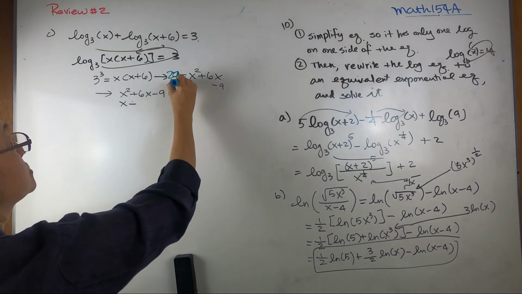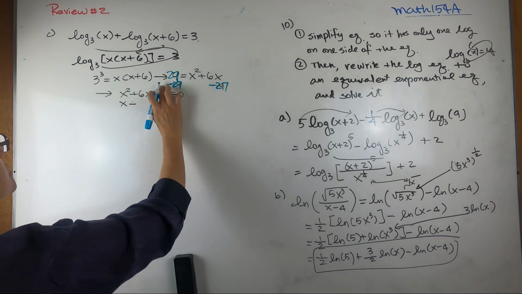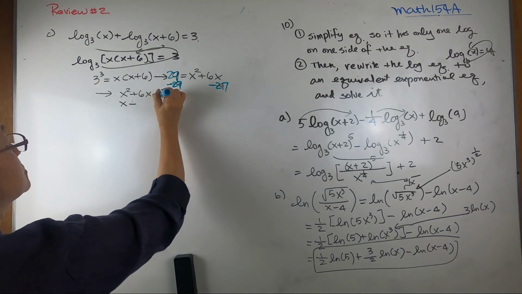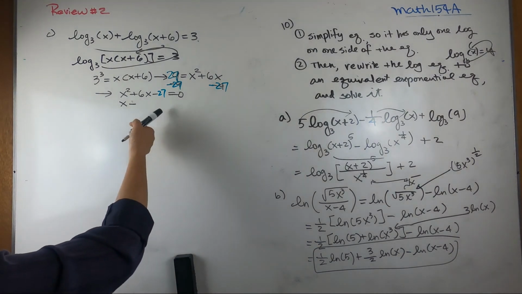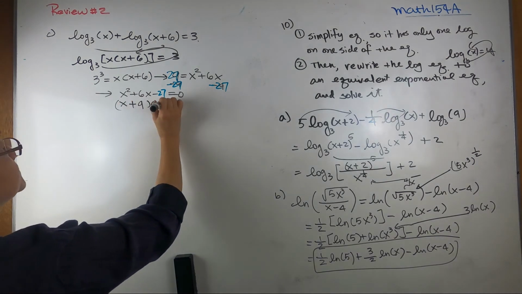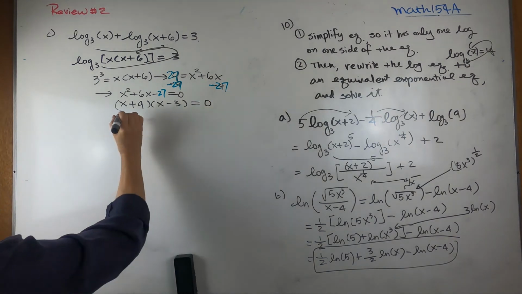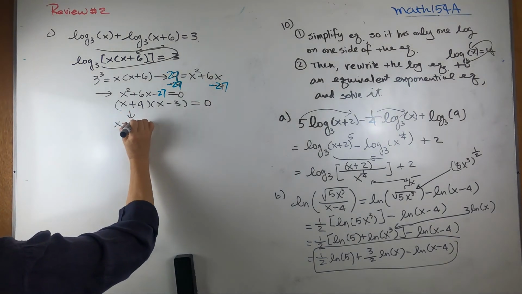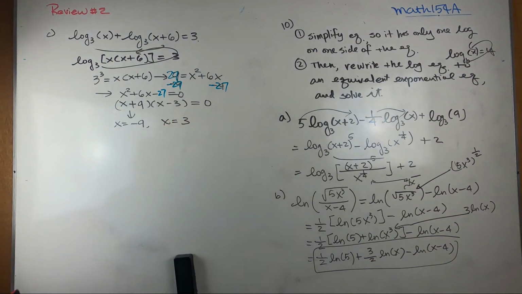So I should minus 27, minus 27. So I should have what? Minus 27 here, right? So 27, I can have a 9 and 3. That would be better. Right? So what's my x? X can be -9 and x can be 3.